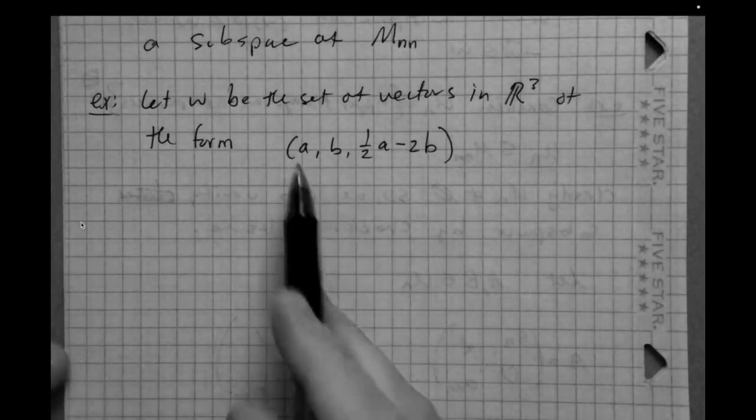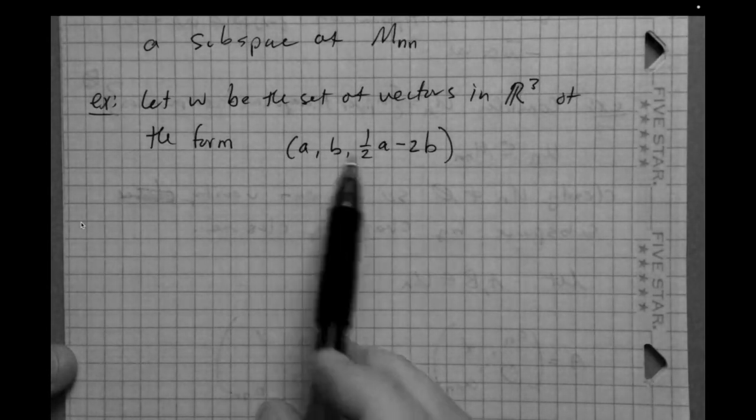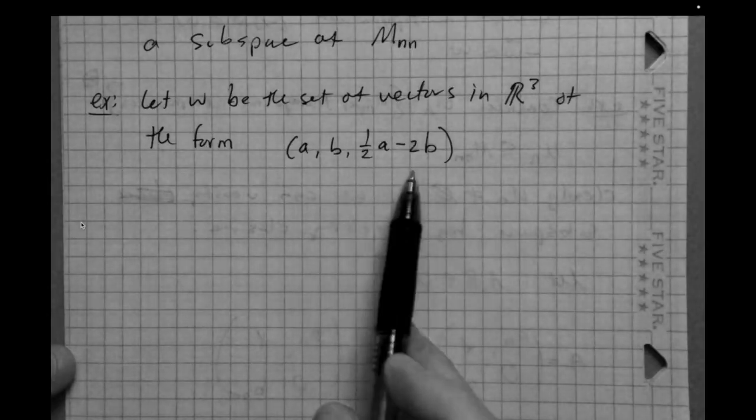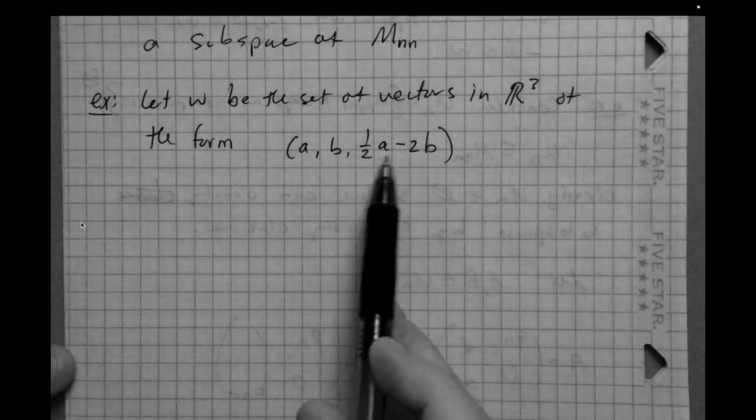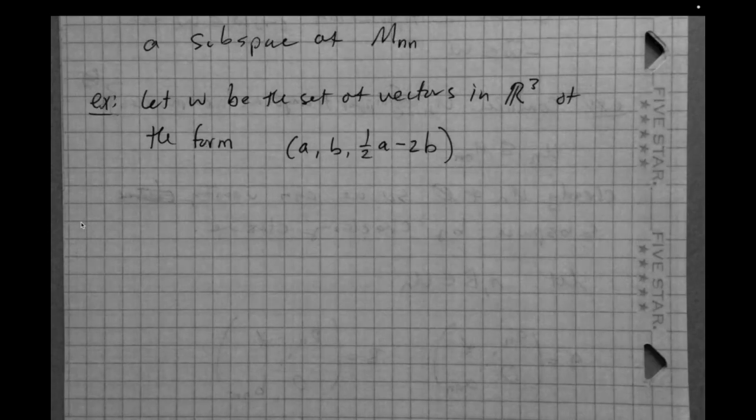So the first two components can be anything in the world, but then the third component is half the first minus twice the second.